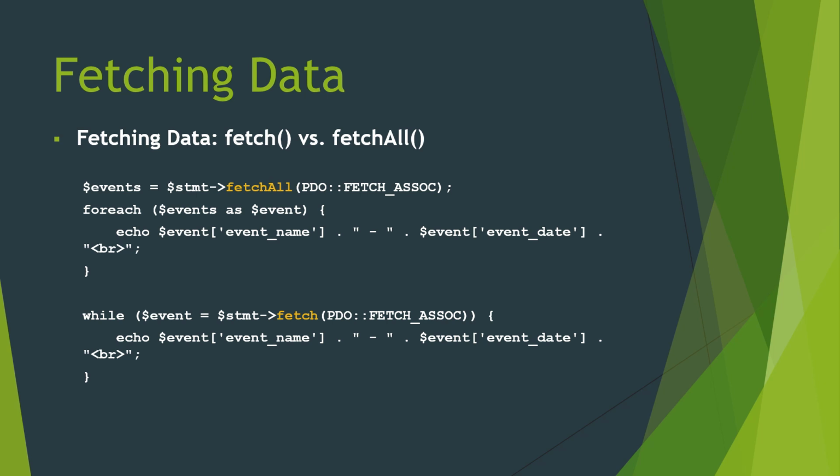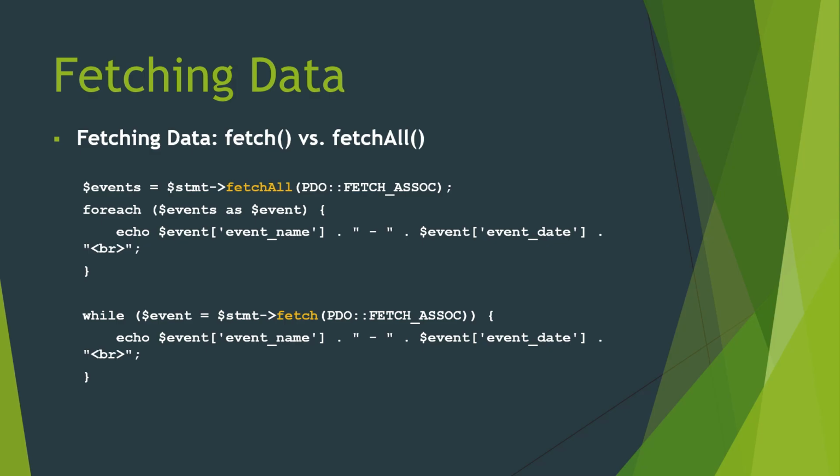Now, when retrieving the data, you can do either a fetch or a fetchAll. FetchAll fetches all the rows from the result set at once, just like we saw in the previous slide. It returns an array of associative arrays, and this is best when we need all the data at once. A regular fetch fetches one row at a time from the result set.